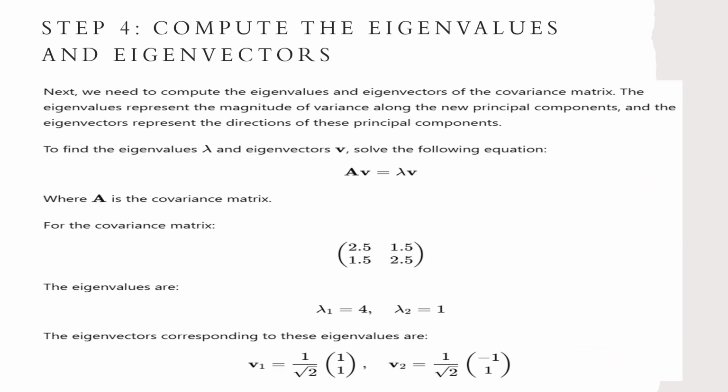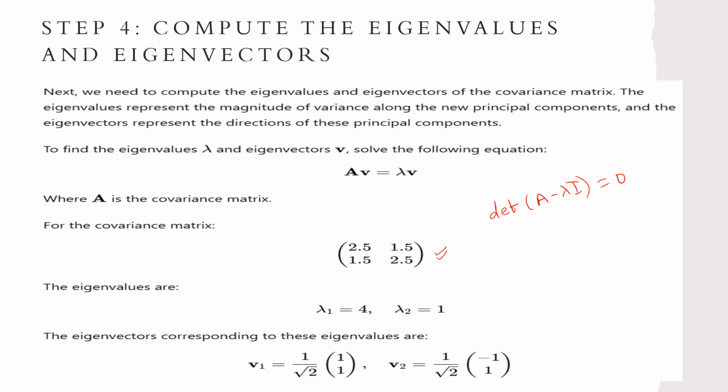After getting the covariance matrix, I need to calculate the eigenvalues and eigenvectors of this covariance matrix. For eigenvalues, I want determinant of A minus lambda I is equal to 0. This is my A matrix.